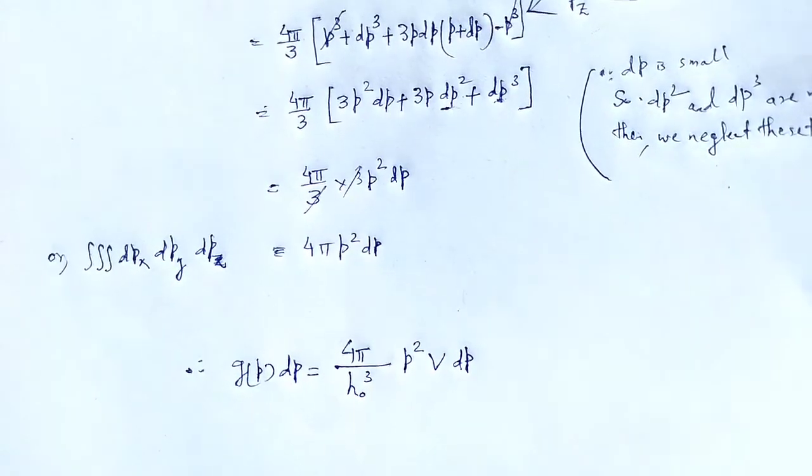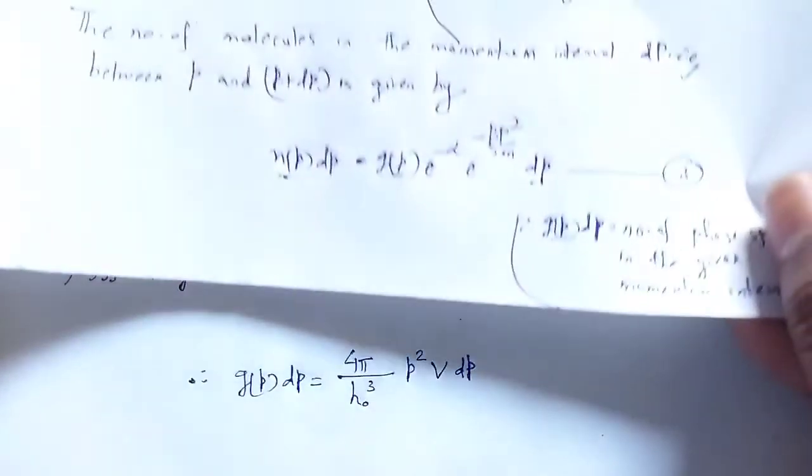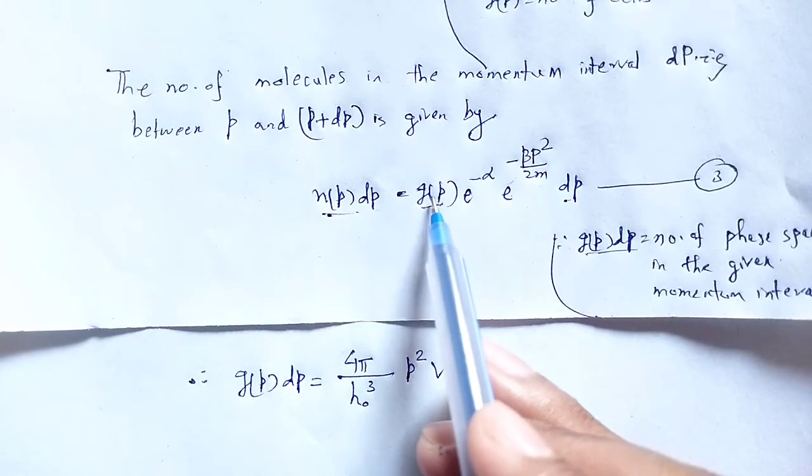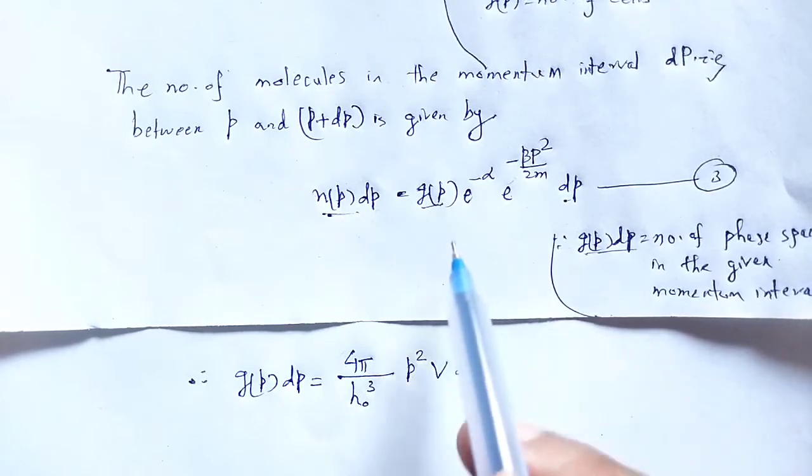Now look at equation number 3: np dp is equal to gp dp into that quantity.